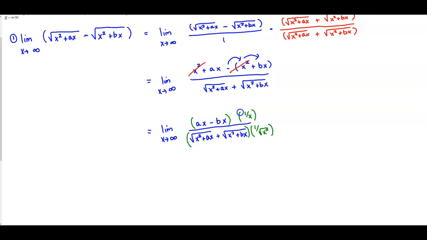Again, I want to point out that 1 over x squared is equal to 1 over the square root of x squared. Because if we simplified the square root of x squared, then that gives us 1 over x. The reason why we're writing it in this way is because these mean the same thing, but we have the square root in our denominator, so it's going to allow us to divide each of these terms with an x squared so it has a radical underneath it.